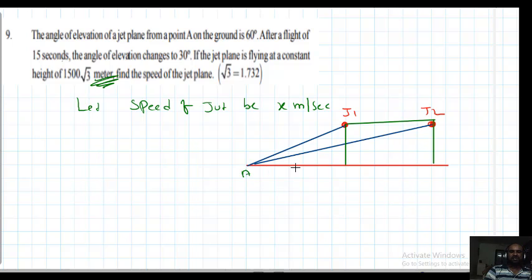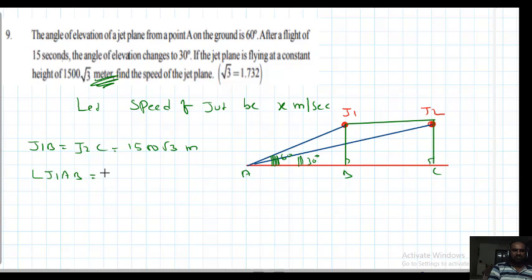Now label it A, B, C. This total is 60 degrees. This is 30 degrees. So J1B equals J2C equals 1500 root 3 meters. Angle J1AB equals 60 degrees, angle J2AC equals 30 degrees.